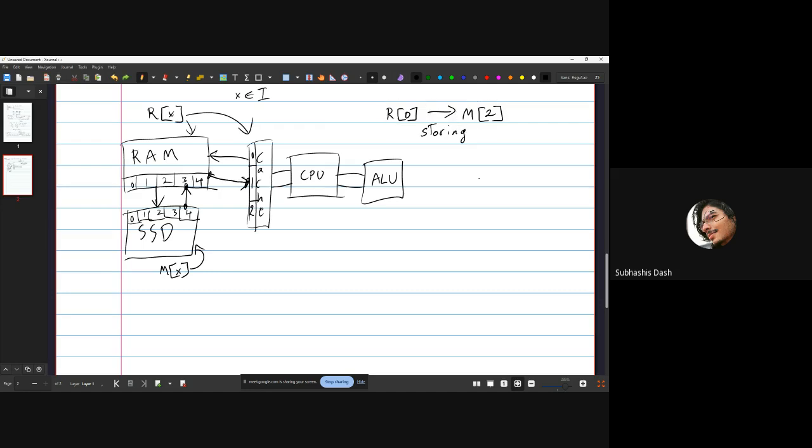And if it is going the other way around, if we are copying some data from, let's say, memory location 1 into register 2, so we are going from memory location 1 to 2, this will be called loading.